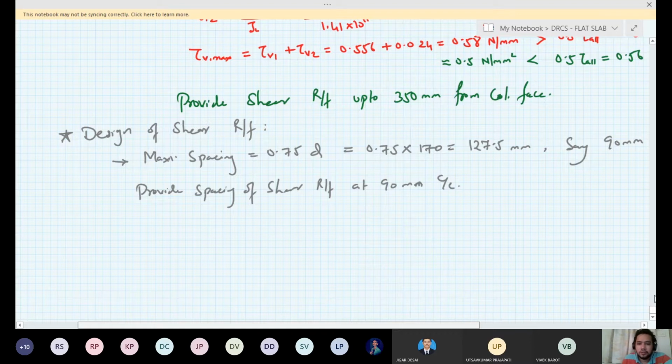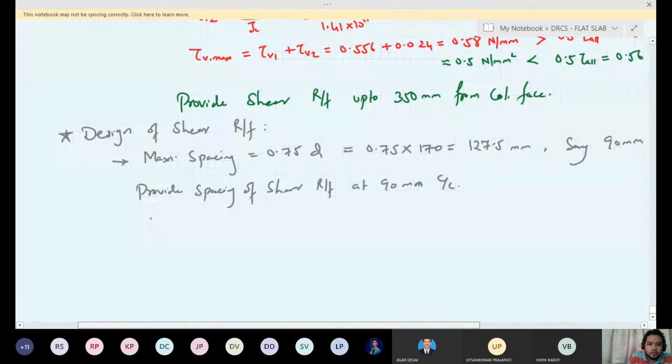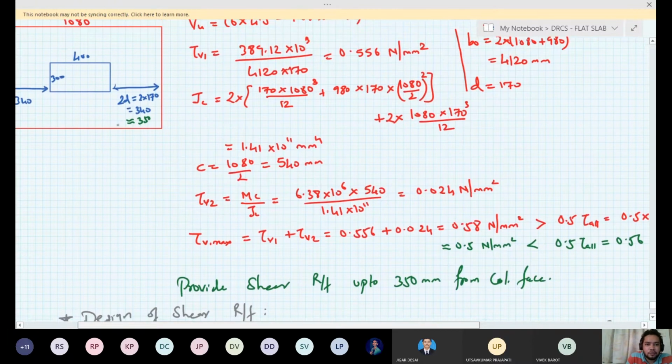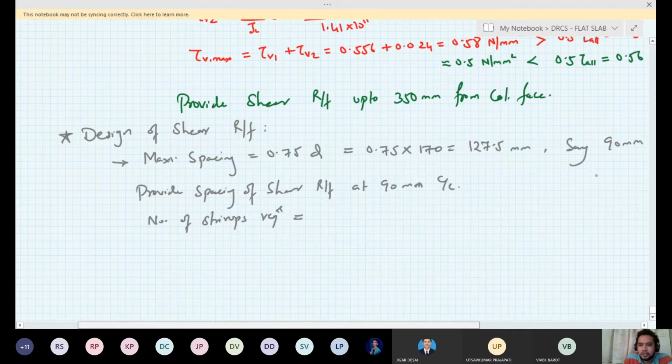Okay, so the number of stirrups required will be equal to, we have to provide this shear reinforcement up to a width of 350. So 350 divided by the spacing, that is 90 mm.